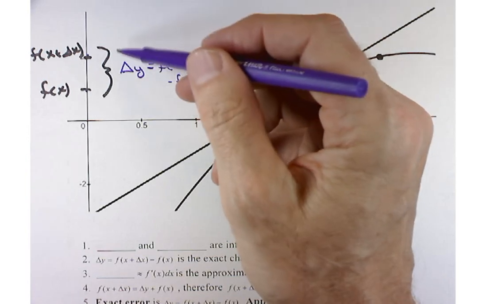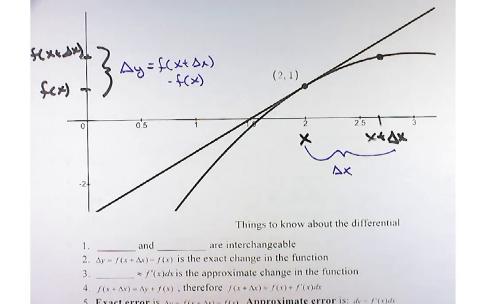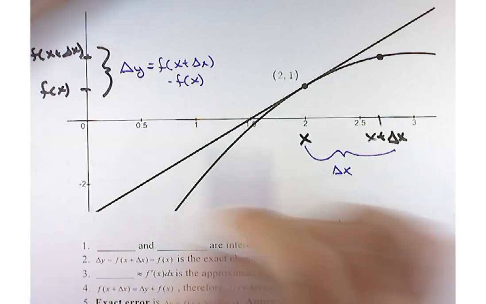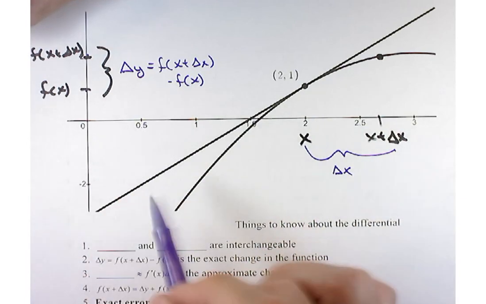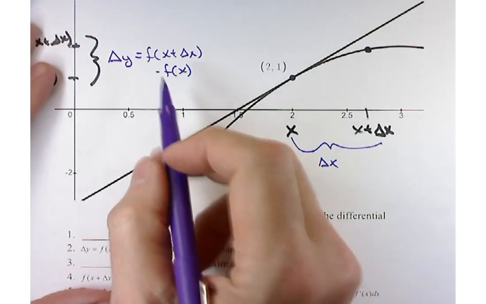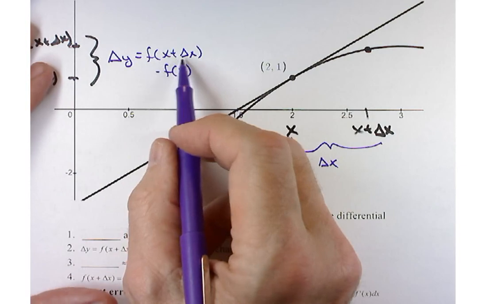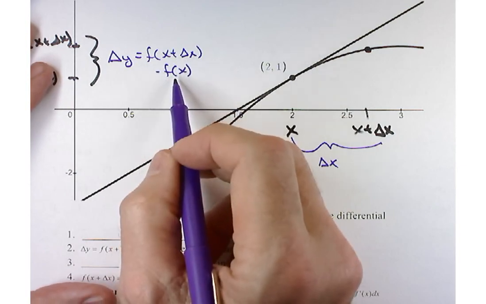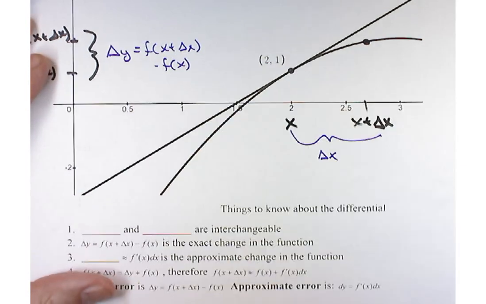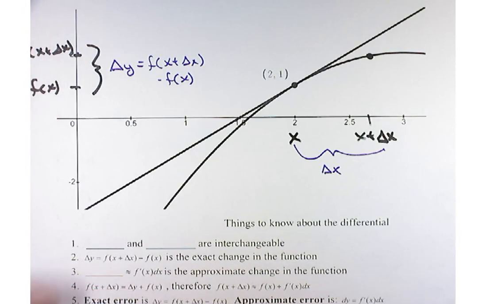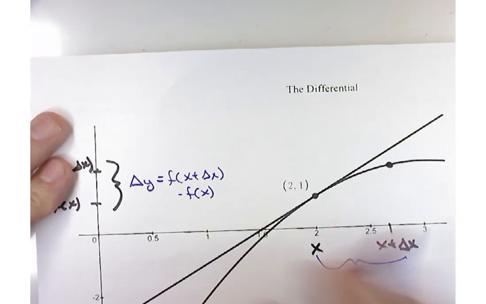So why am I messing with this? Well, we're going to try and build some approximations, help you understand a little bit more about tangent lines. So let's take a look at this equation right here. Delta y is f of x plus delta x minus f of x. I can rearrange that a little bit, and let me just do that up here.